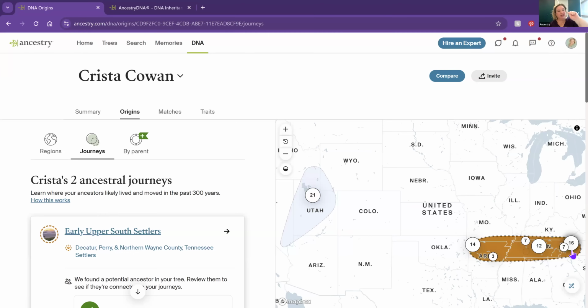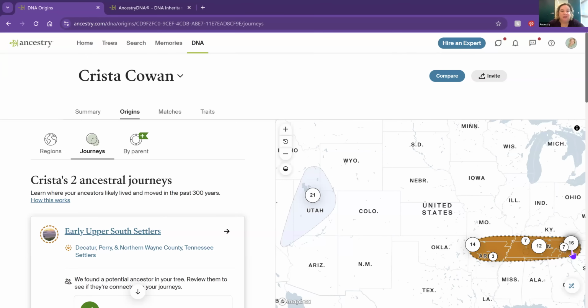So we can take that cluster of people who all match each other for DNA, and we can start to look into other data to see what do these people all have in common. And we can start to figure out that what they all have in common is usually a place where they all lived within the last 300 years, usually 100 to 200 years ago, but for sure within the last 300 years.